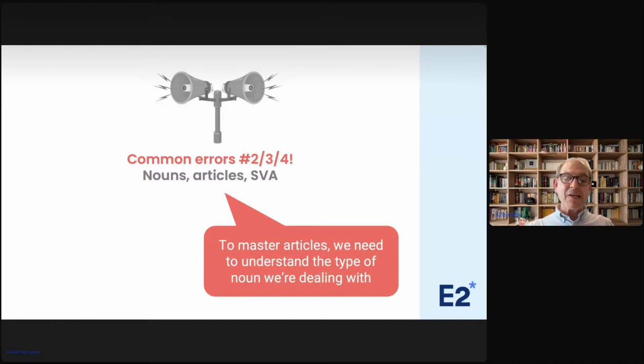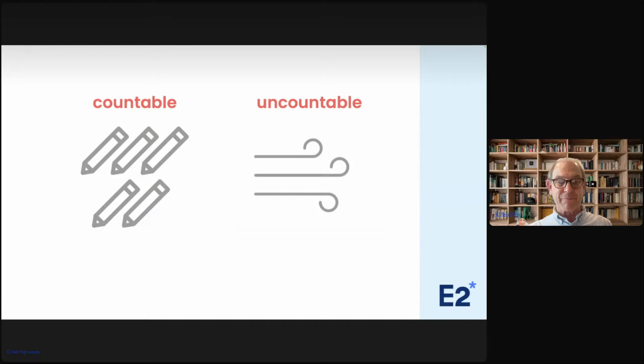All right, so to master articles, we need to understand the type of noun we're dealing with. Is it countable or uncountable? Able to be counted or unable to be counted? Now, this will come up forever. It doesn't go away, so we have to master it so it doesn't remain a problem.